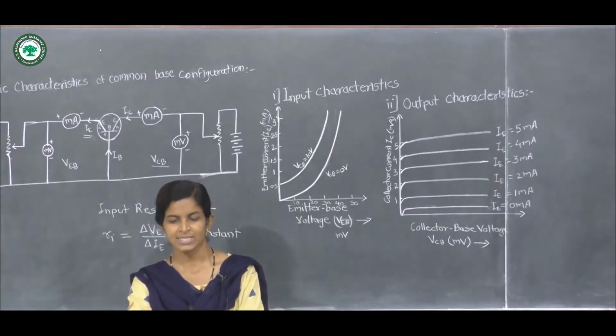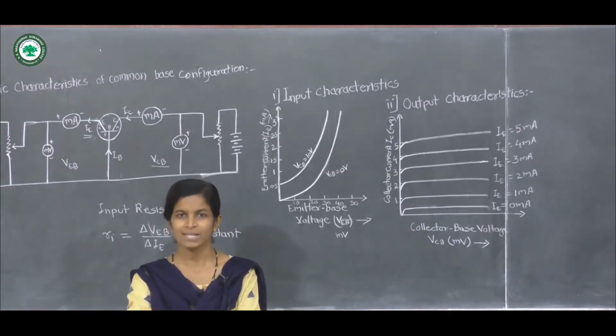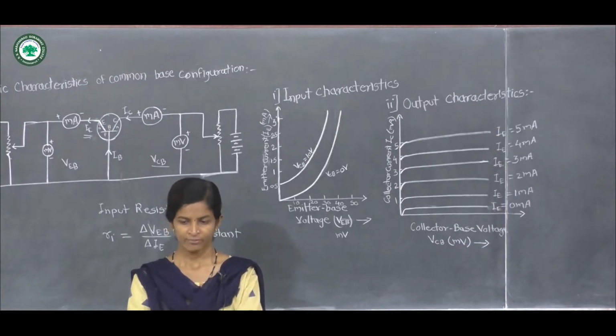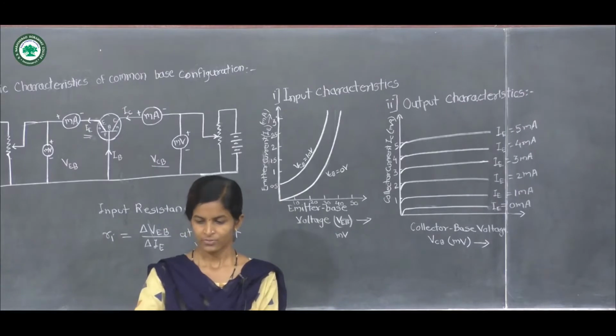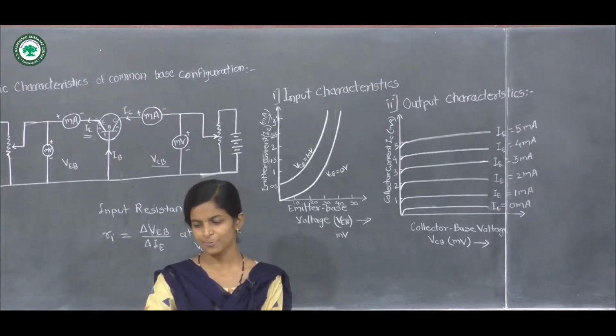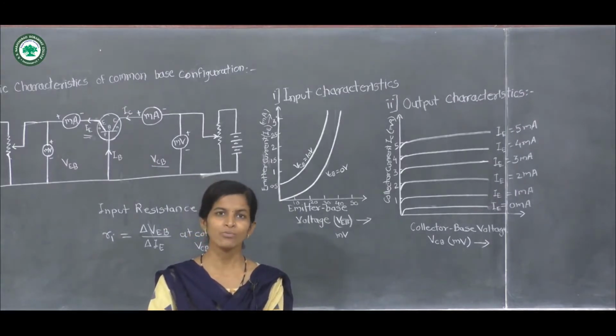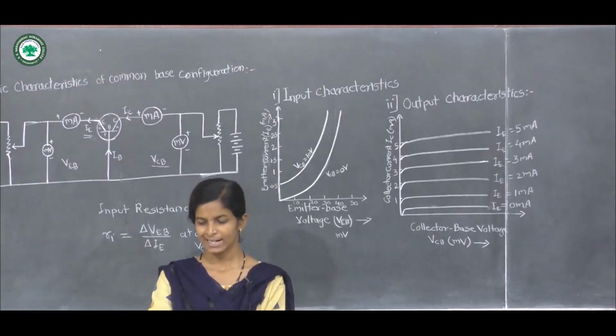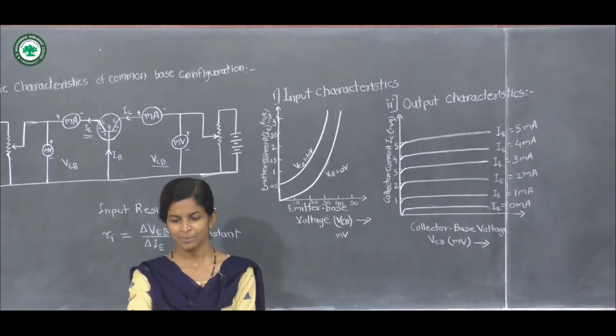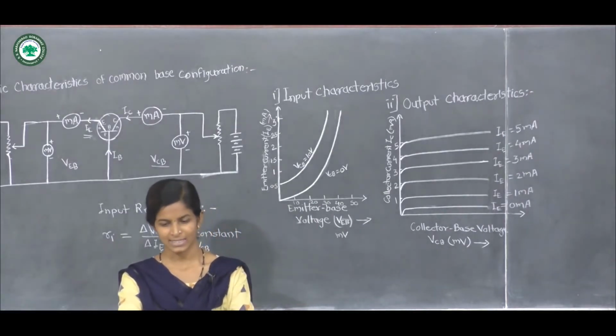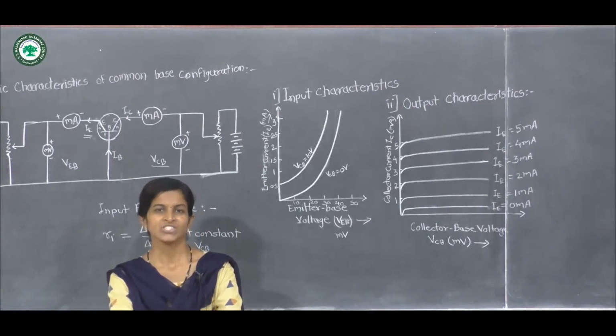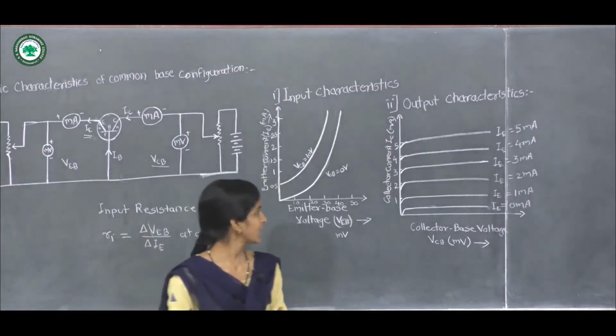The transistor is never operated in this region. When the value of VCB is raised above 1 to 2 volt, the collector current IC becomes constant as indicated by the straight horizontal curves in this figure.